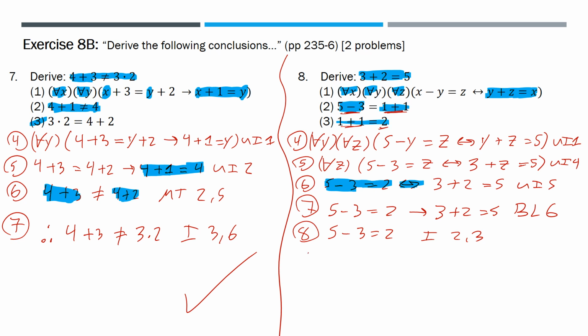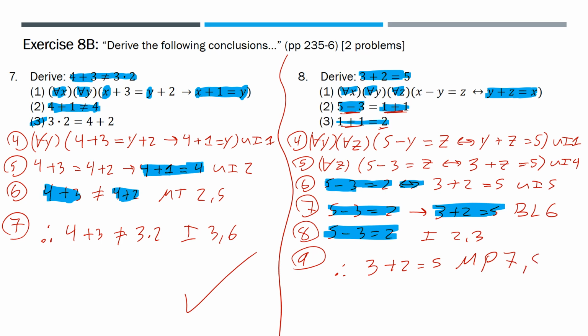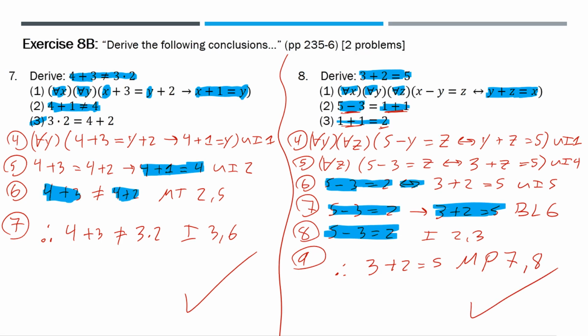And now, for 9, because we have 5 minus 3 equals 2, we can do a modus ponens inference to get 3 plus 2 equals 5. Let me just fix one thing. This would be the universal instantiation of 4.